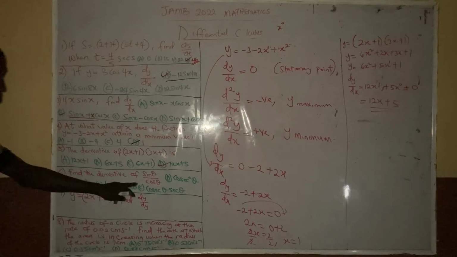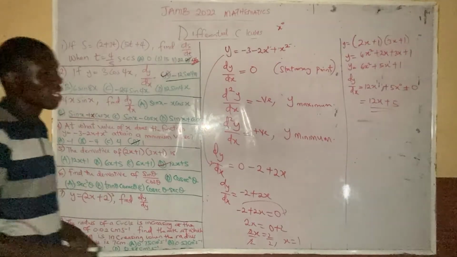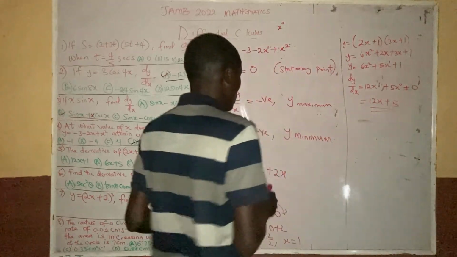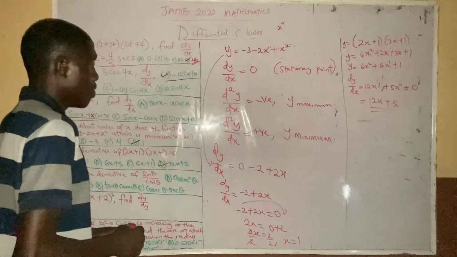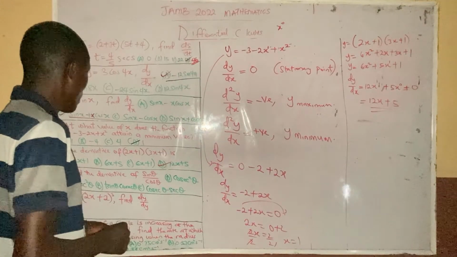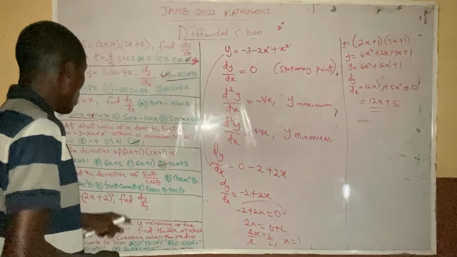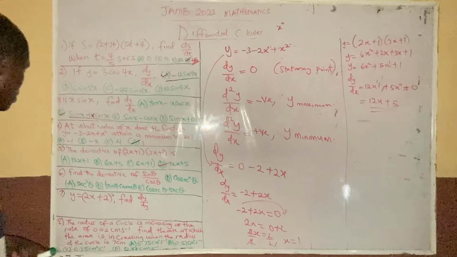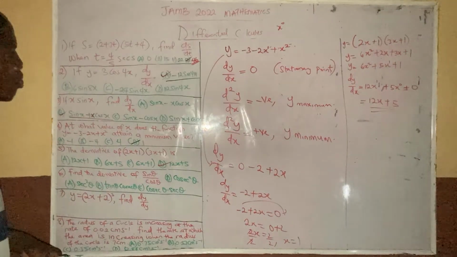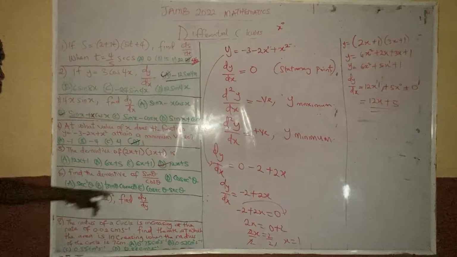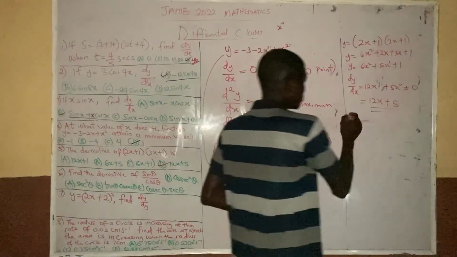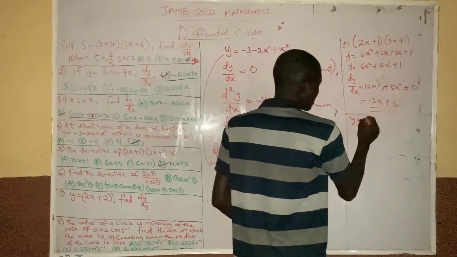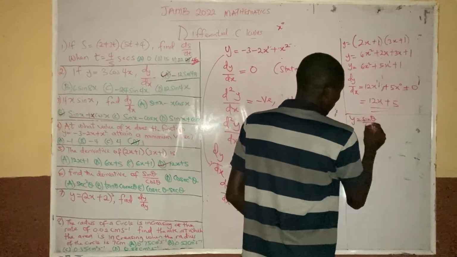Now find the derivative of sine theta all over cos theta. This is another question, number 2. Let's write it out first: find the derivative of y equal to sine theta all over cos theta.